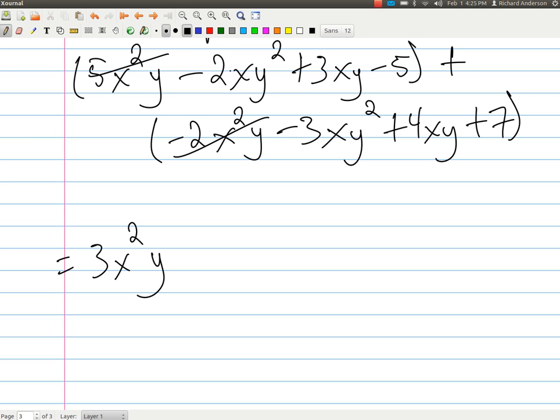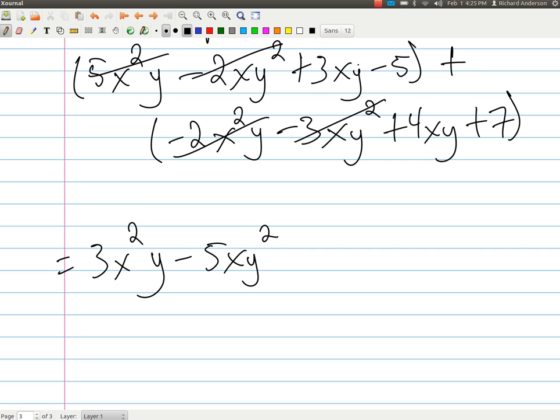So I'm going to add the numbers in front of them, basically, negative 2 plus negative 3, and that's going to give me minus 5xy squared, and I can strike those terms out. Negative 2 plus negative 3 is going to equal negative 5. It wouldn't be wrong if you put plus negative 5, but typically, and I know Course Compass will prefer this, to put the minus sign in between them.